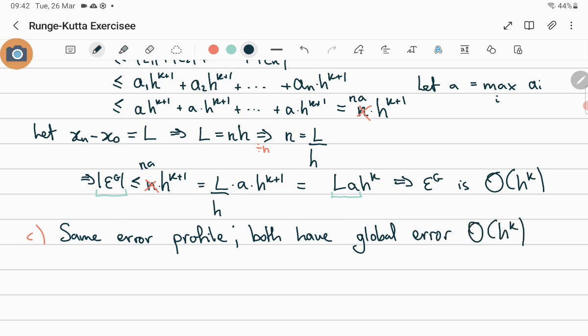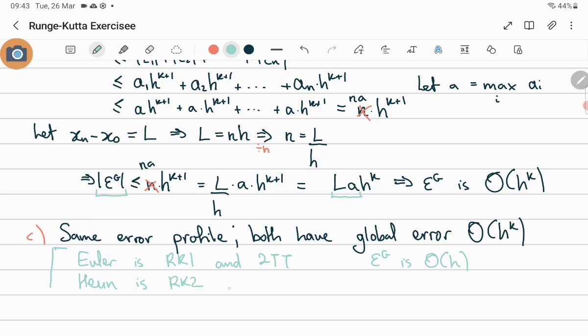Now just a little note to remind you of what you possibly should know. Euler's method is Runge-Kutta 1 and it's a 2-term Taylor method: previous plus step size times slope. Both of them have global error order h. The other one you'd know, Heun, is in fact a Runge-Kutta 2.